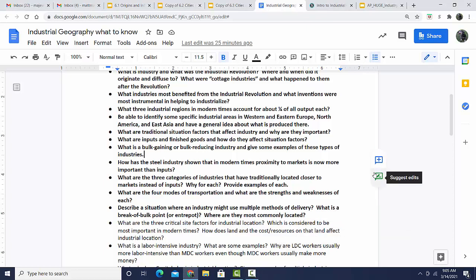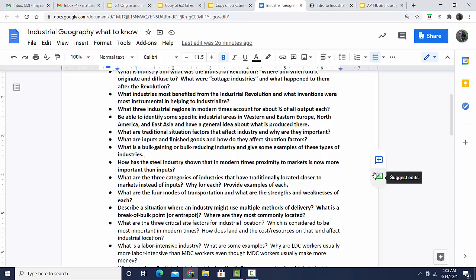Okay. Well, what we have found with everything that we just said is it's less accurate now than it has been in the past. So the steel industry is a great example of how traditionally industries would locate close to their inputs if they were bulk reducing. However, we know changes have happened in modern times. With modernization, with mechanization, we've seen massive changes to transportation and the times that it takes for us to get products to new places.